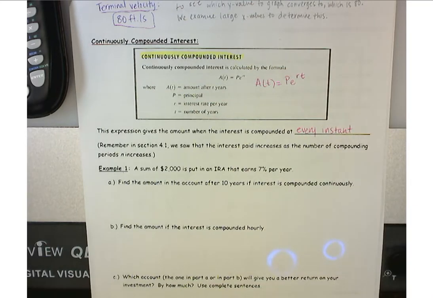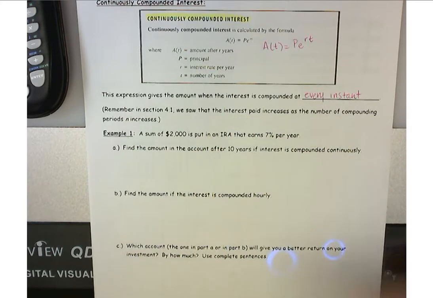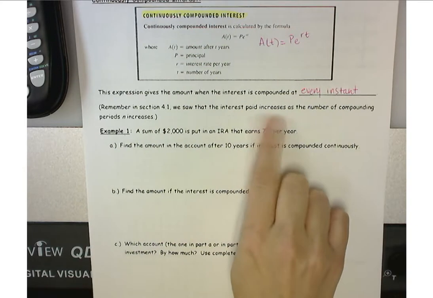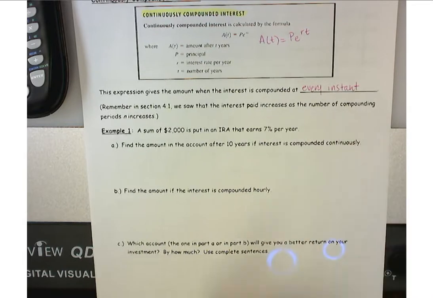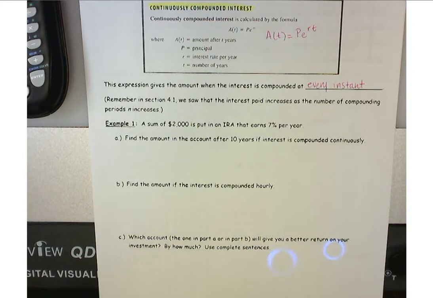So we saw yesterday that the interest amount paid increases as the number of compounding periods increases, which means if you had the choice, would you rather have it compounded quarterly or monthly?